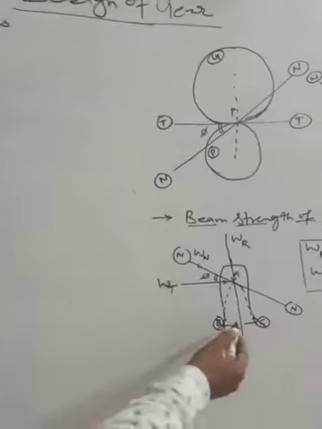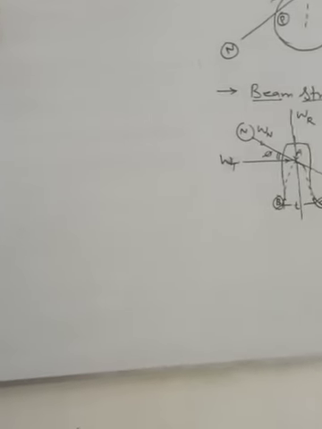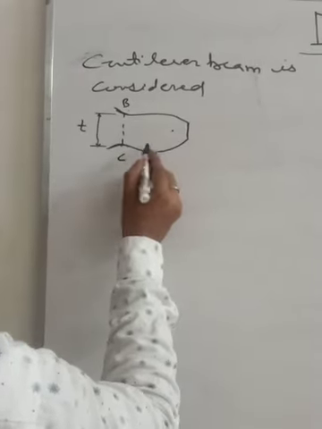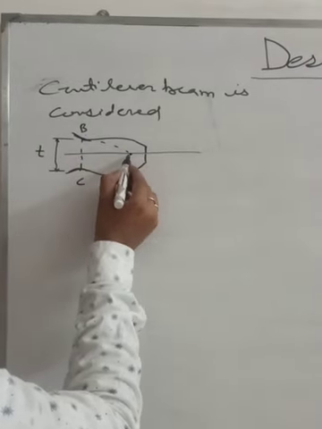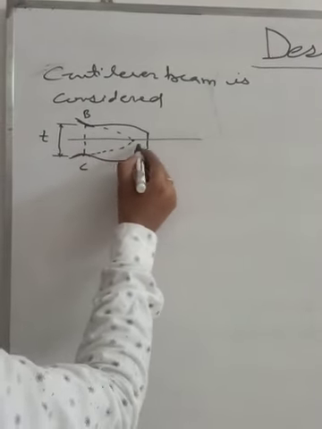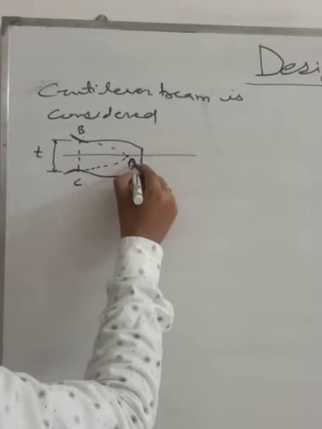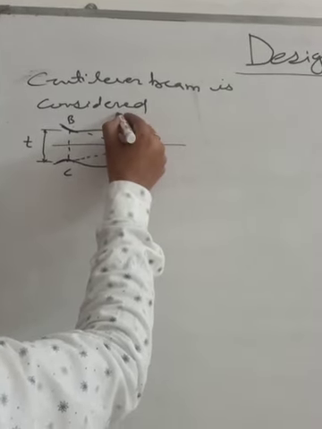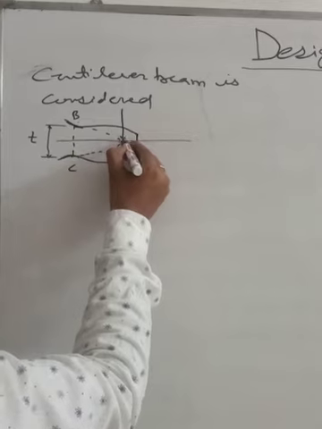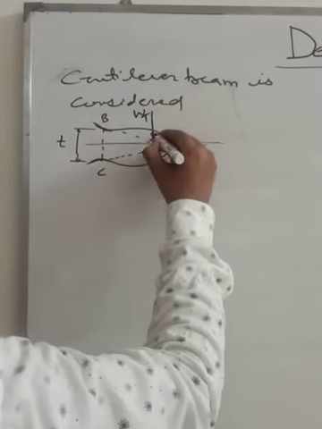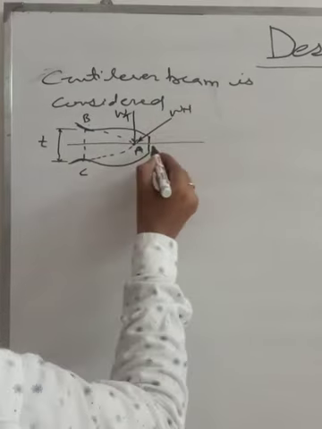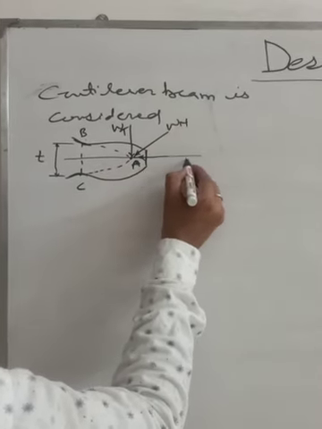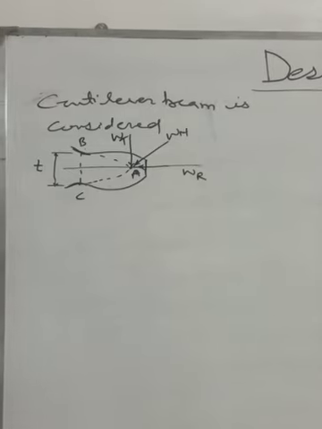We are considering this thickness T, and if you are considering this point A and a parabolic curve is considered through this A, then the load acting on this, this load is the Wt, this load is the Wn, and this load is the Wr.